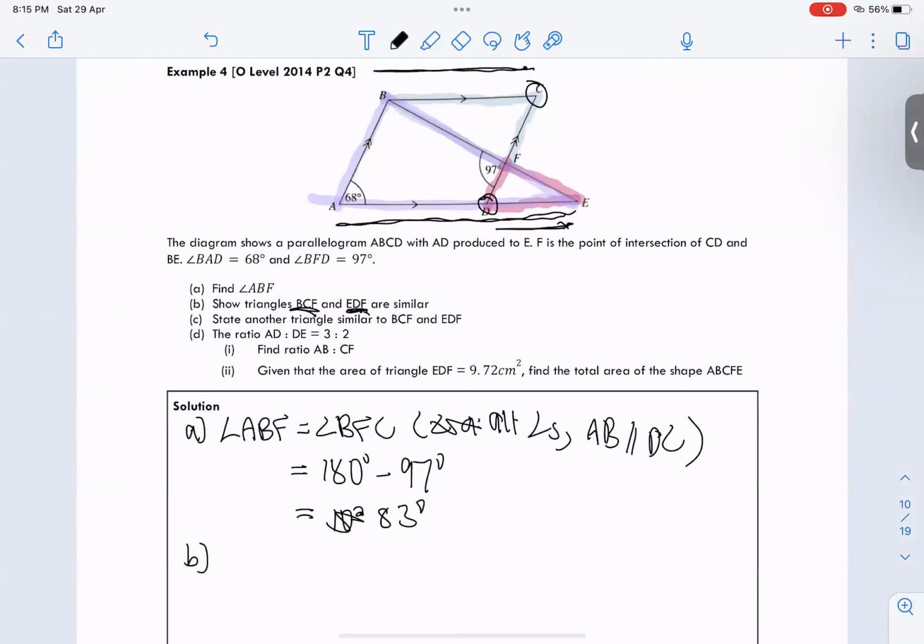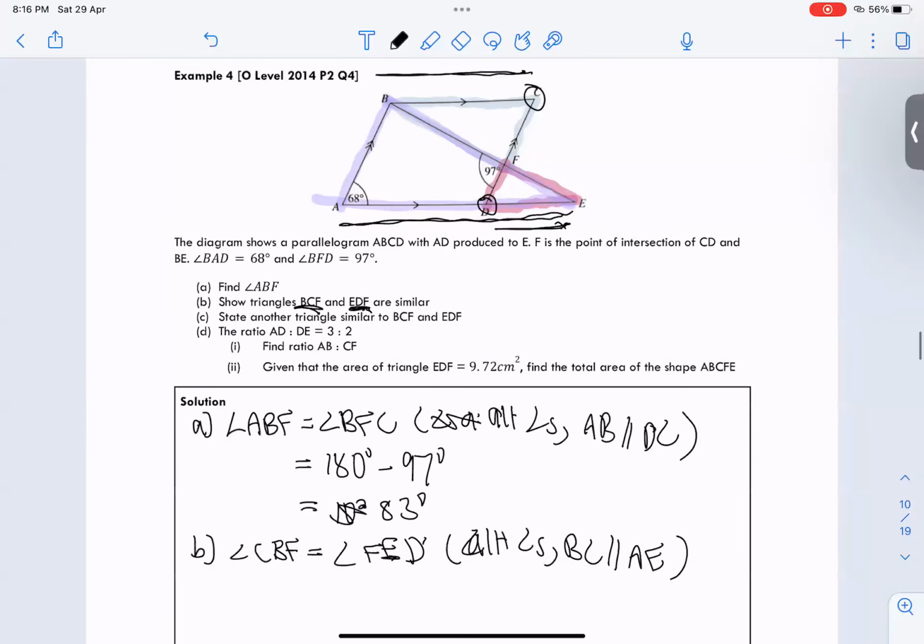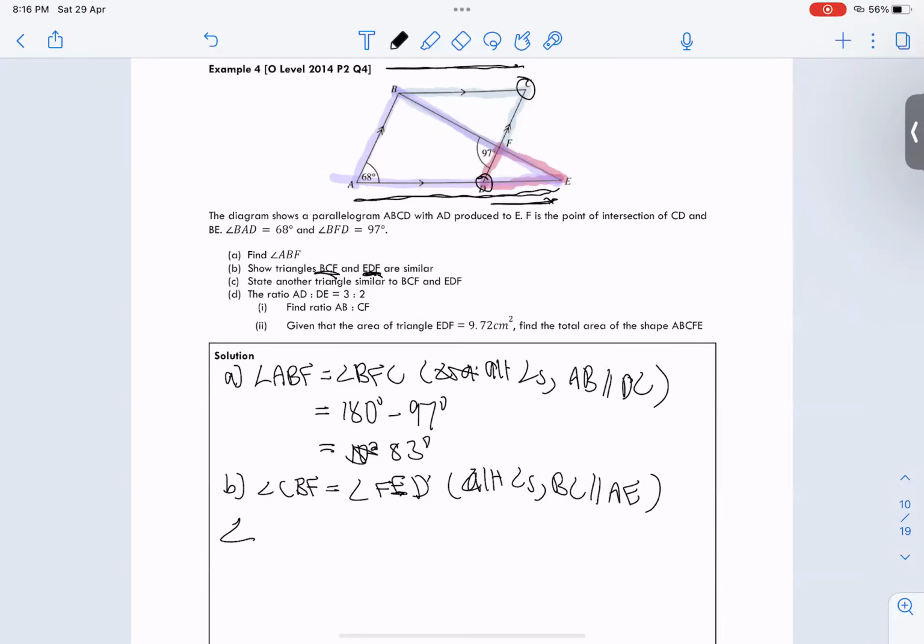Over here, the angle CBF equals angle FBB, BCB parallel. And after that, let's say we use vertically opposite angle.